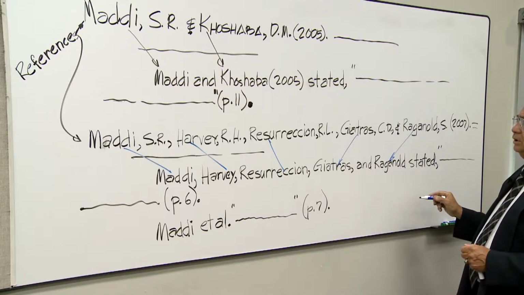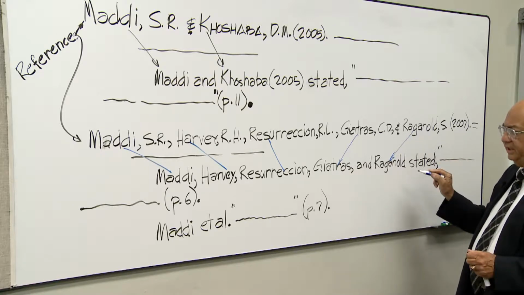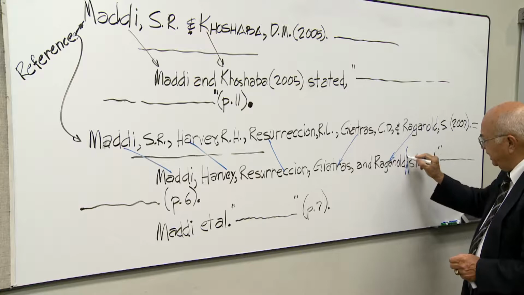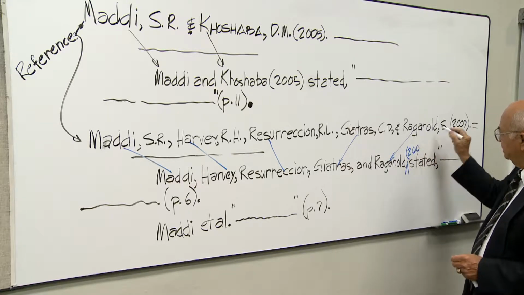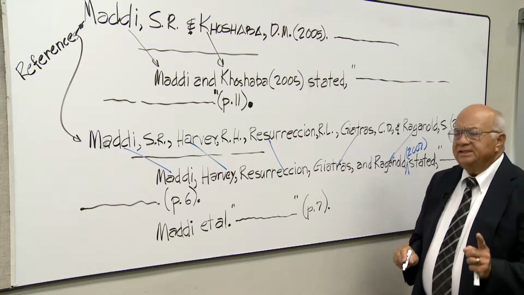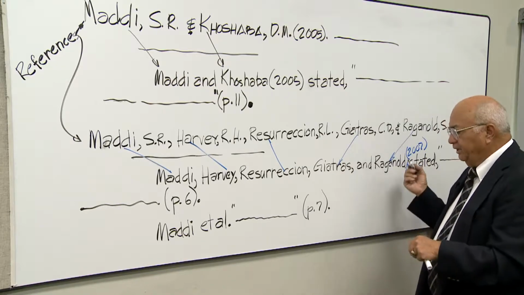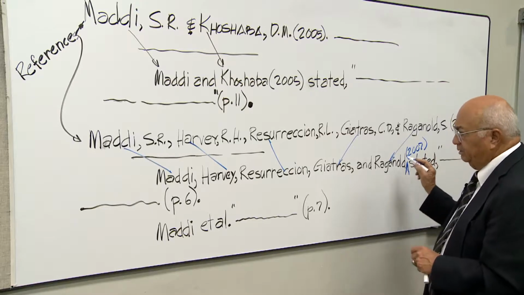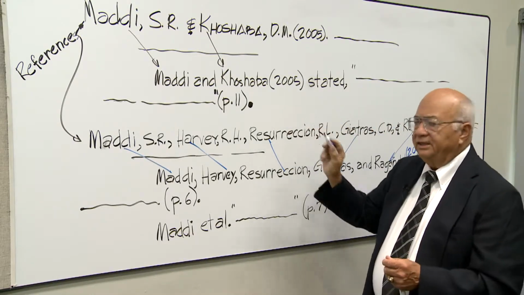Now, you will notice that if this is the first time we cited it, you need to be sure the date is here. In our case, I think it was 2007. If it is not the first time you cite it, if you cited it already, you wouldn't have to put the date there. The first time, there should be the date, like we did there. The second time would not necessarily have to be.